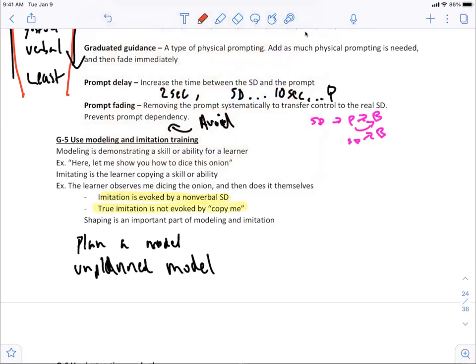Shape it until we finally get that full imitation, raising the hand. Okay. Imitation, very straightforward. Remember planned model, remember unplanned model. Remember, imitation is evoked by a nonverbal SD. Imitation is not evoked by copy me. It is not evoked by a verbal discriminative stimulus.